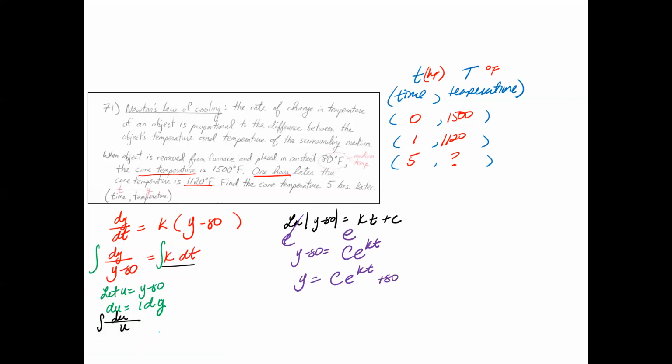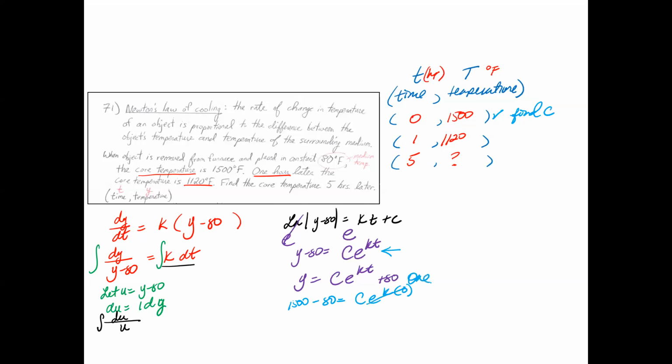I am given that my first point here, I'm going to use to find c. So let's go ahead and plug everything in. I'm actually going to keep and use the first equation there because my goal here is to find c, so it doesn't make any sense to put the 80 to the right side because ultimately I'm just going to move it over to the left again. So my y is 1500 minus 80 equals c e to the k times 0.